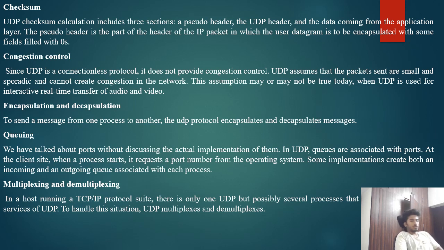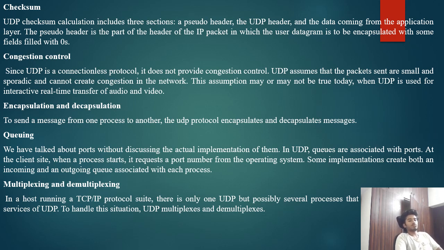Then the congestion control. Since UDP is a connectionless protocol, it does not provide congestion control. UDP assumes that the packets sent are small and sporadic and cannot create congestion in the network. This assumption may or may not be true today when UDP is used for interactive real-time transfer of audio and video.